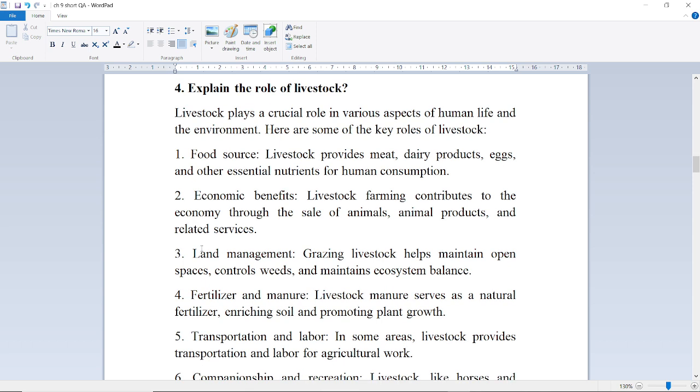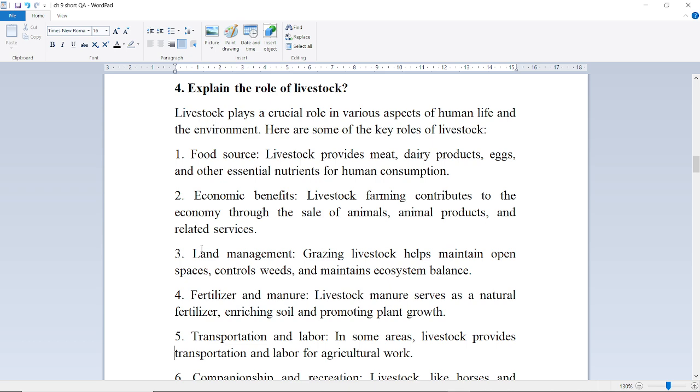Livestock plays a crucial role in various aspects of human life and the environment. Here are some of the key roles of livestock. First one is food source. Livestock provides meat, dairy products, eggs, and other essential nutrients for human consumption.